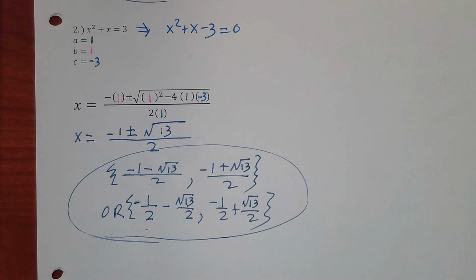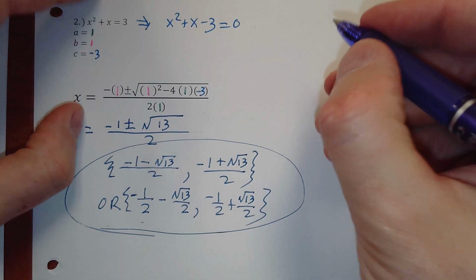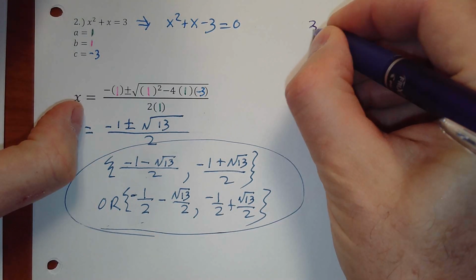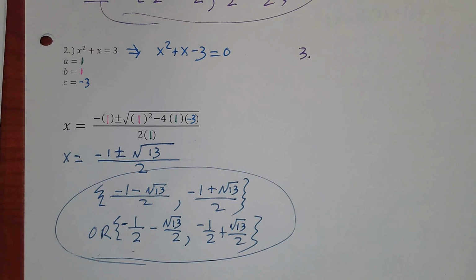So let's take an example that we had done before. I don't want to mess up my numbering, so we'll call this example 3. I'm just going to take a problem we had done a couple videos ago when we were factoring.